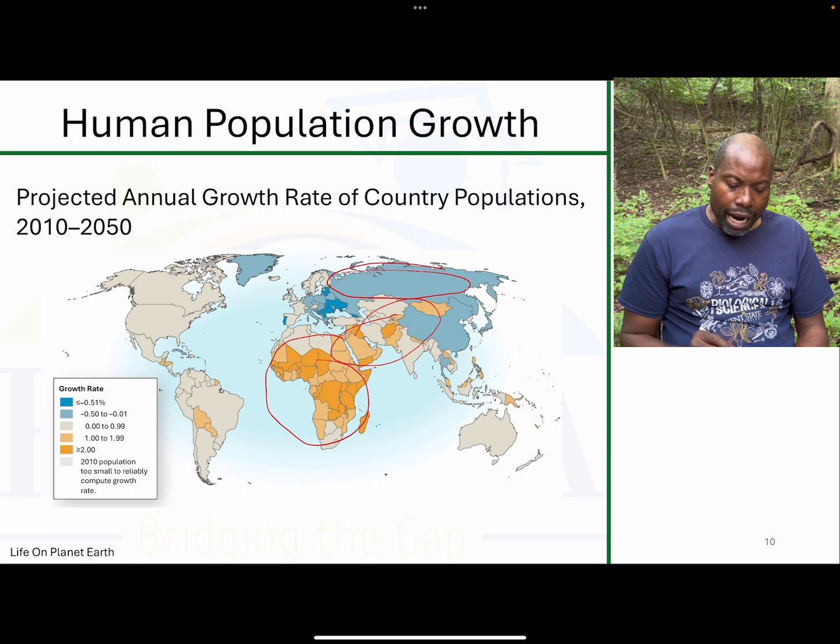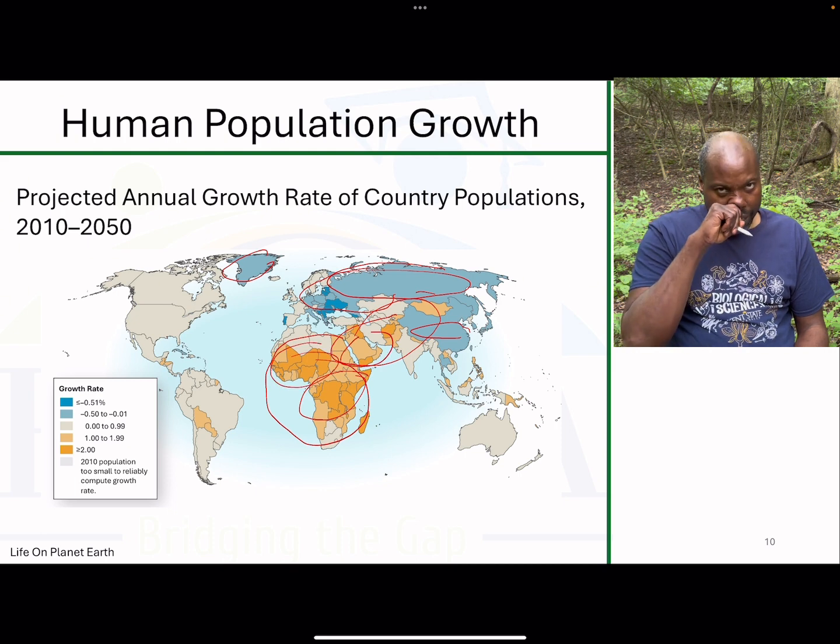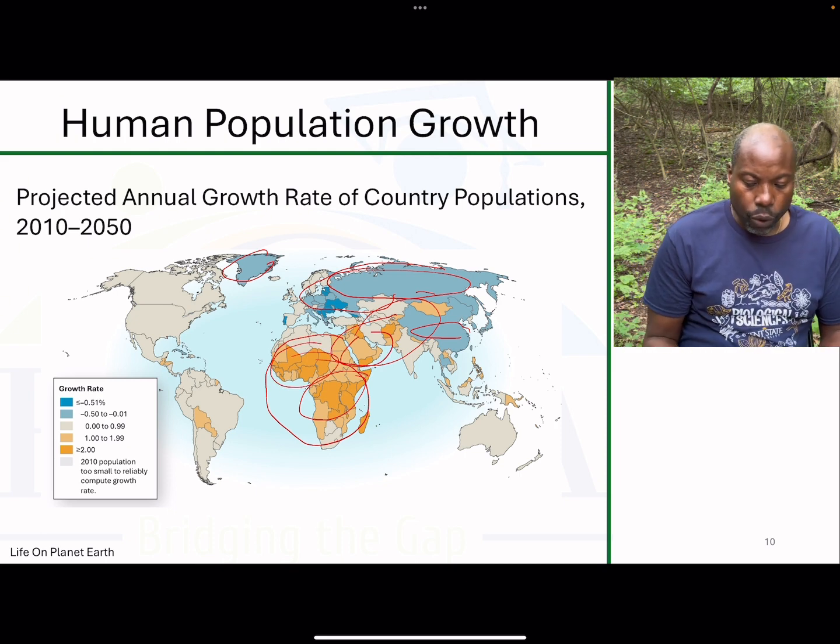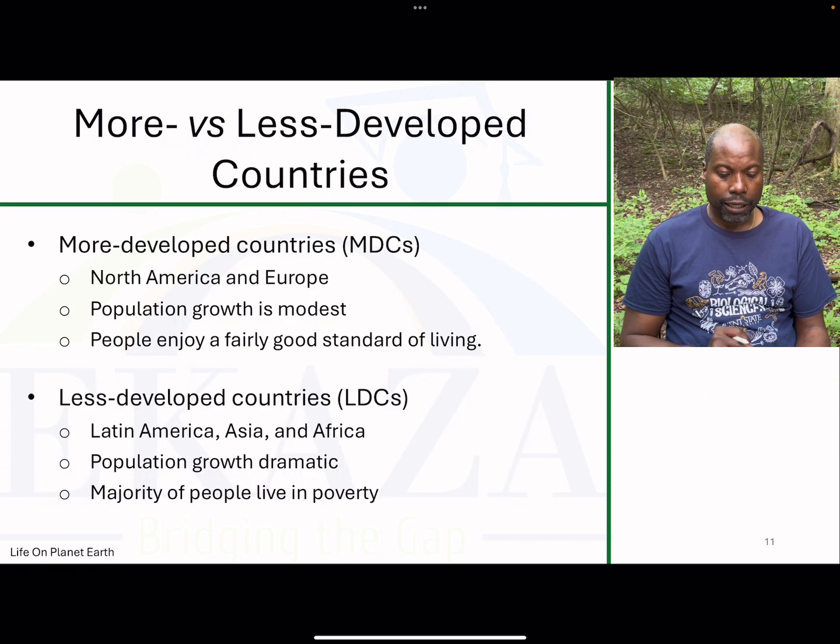All areas that are blue are areas where populations are not going to grow much, while areas that are orange-ish are the areas where populations are going to grow tremendously.